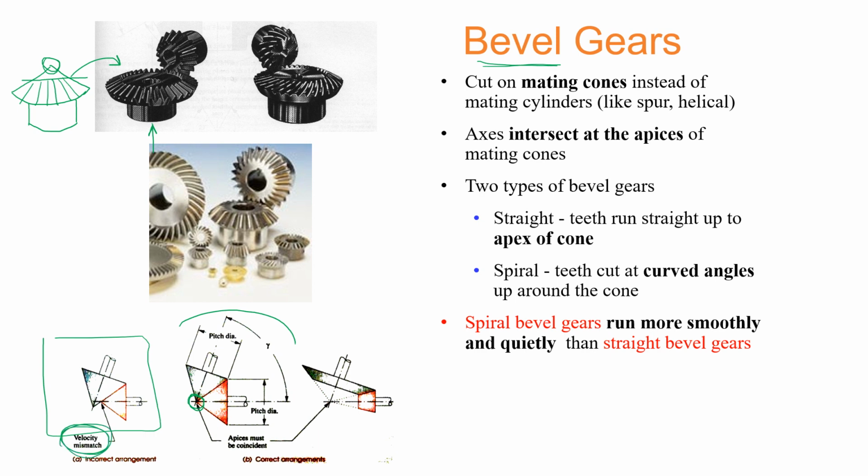And this velocity mismatch is going to make this an incorrect arrangement. So you need to make sure that whenever you have bevel gears to be machined and manufactured or assembled later on, this point of intersection is properly taken care of.